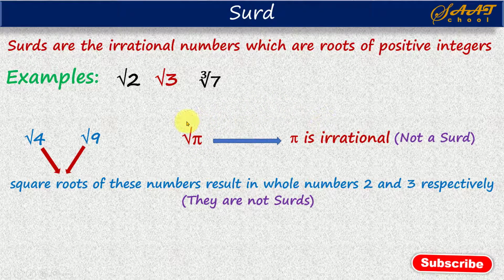That's why this as a whole is not a surd. To be a surd, the number should be irrational, meaning this whole number is irrational, but these 2, 3 and 7 should be positive integers. That's why this is not a surd.